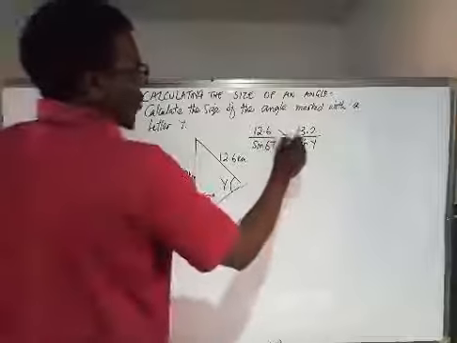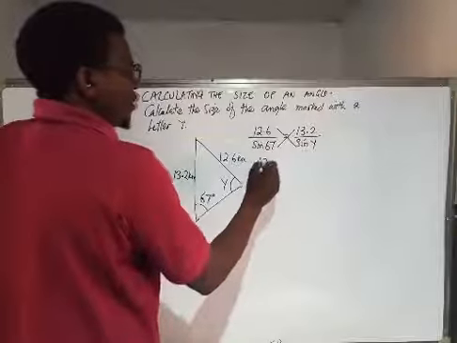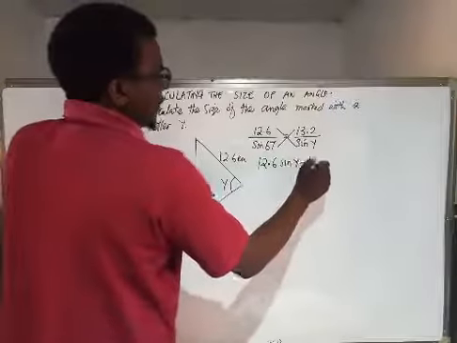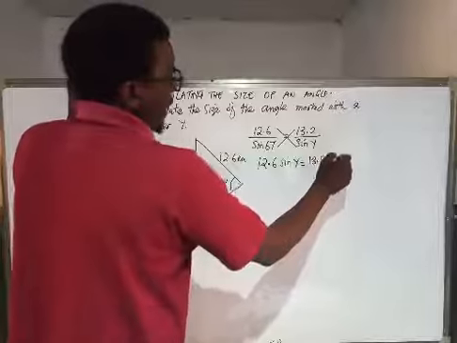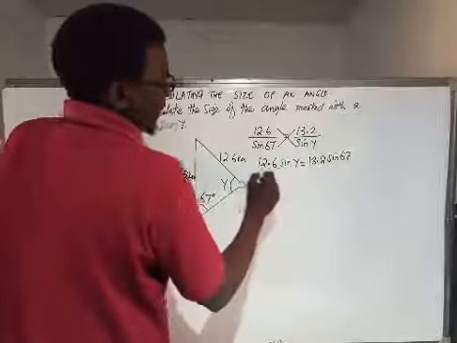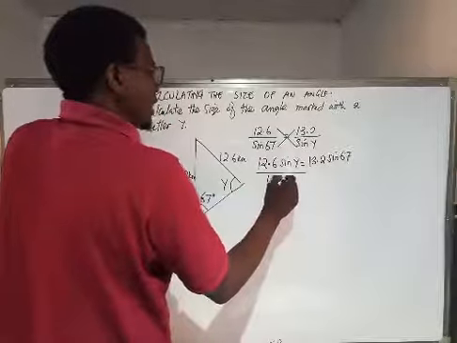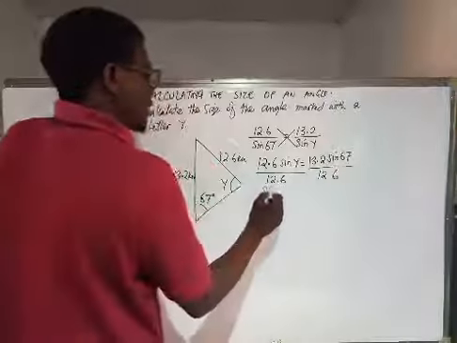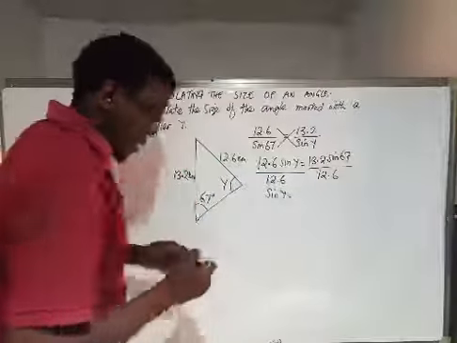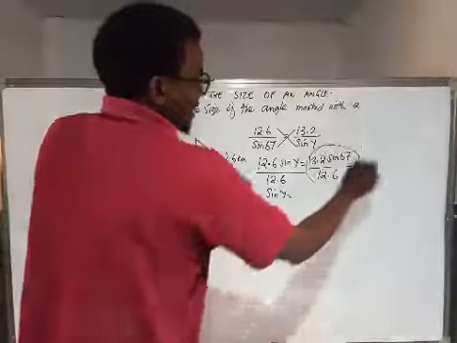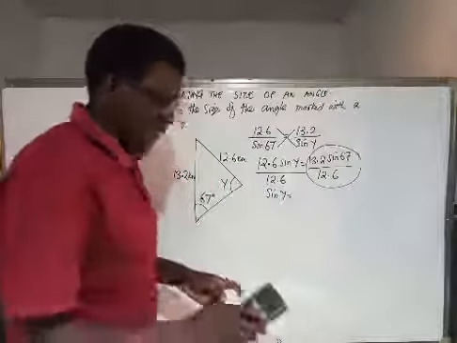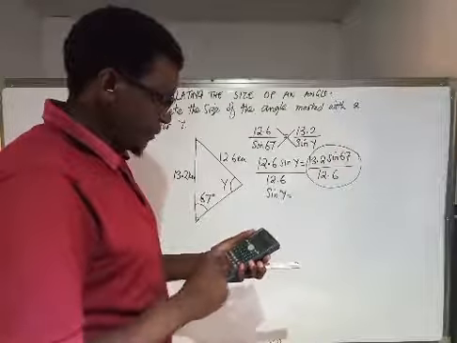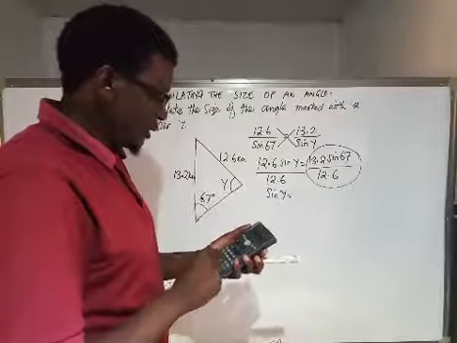So we cross multiply. This will be 12.6 sine y equal to 13.2 sine 67. Then we get rid of 12.6 on the left hand side. We do the same on the right hand side so that sine y becomes, now you get your calculator and punch 13.2 sine 67 divided by 12.6.